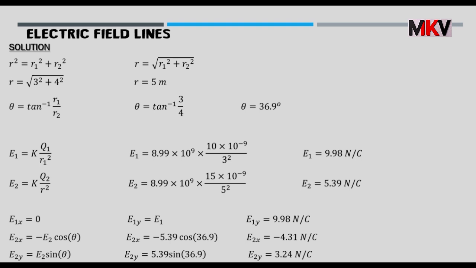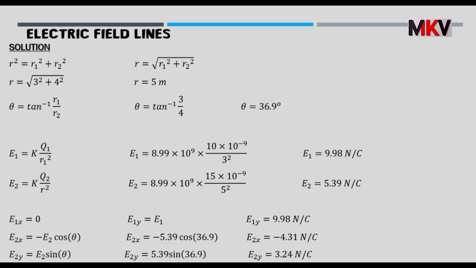Our R1 is opposite to the angle and R2 is adjacent to the angle. After substituting our values for R1 and R2, we get theta to be equal to 36.9 degrees.